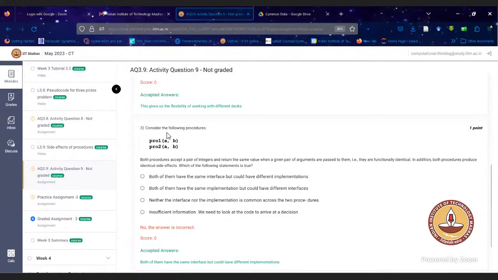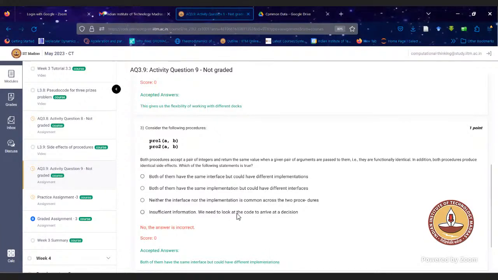But they take the same input and give you the same output. So the way you implemented the procedure to get the same return value could be different. That's why the implementation could be different, but essentially they provide the same answers.